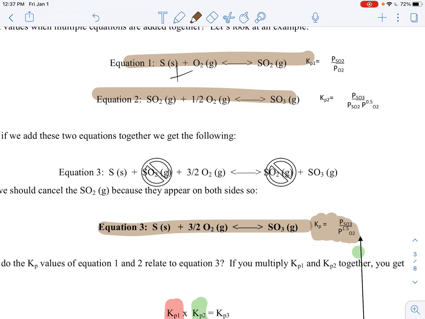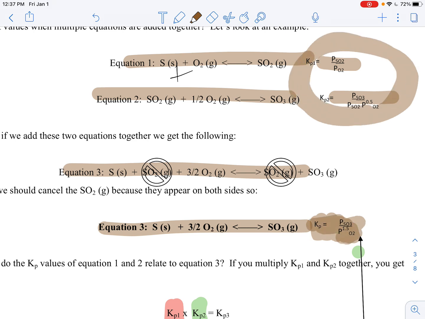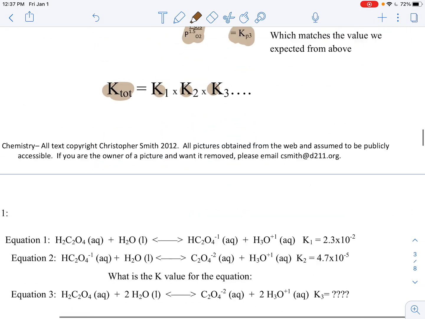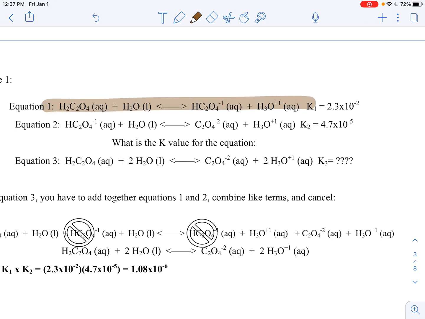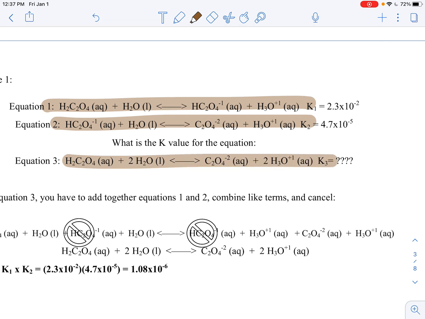So if I take equation 1 and equation 2, and I add them together to get equation 3 down here, and I have K1 and I have K2, in order to get K3, all I have to do is multiply these two guys together. That's what the rule says. Okay, so let's take a look at this guy here. Here's equation 1 right here.